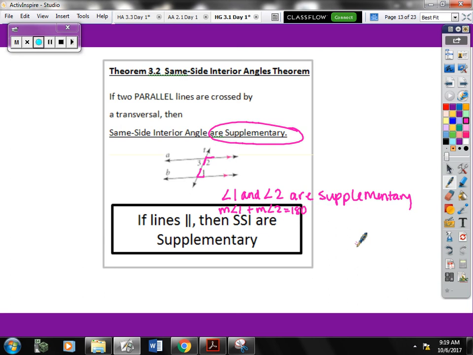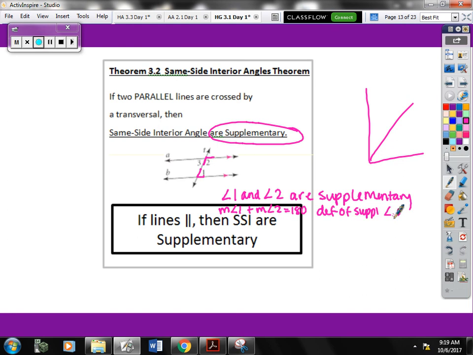Noah? Would that be the angle addition postulate? Nope. Angle addition postulate would be if we had two adjacent angles and we were adding them together. These two are not adjacent. Very good, definition of supplementary angles. I'm just adding a little piece here, setting us up. We will get to proofs next week.